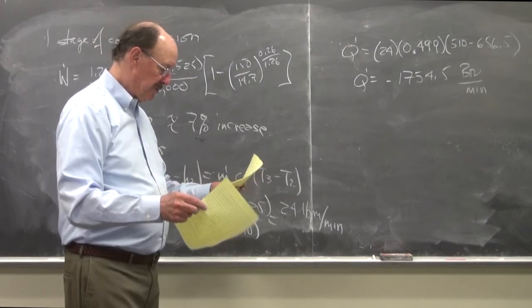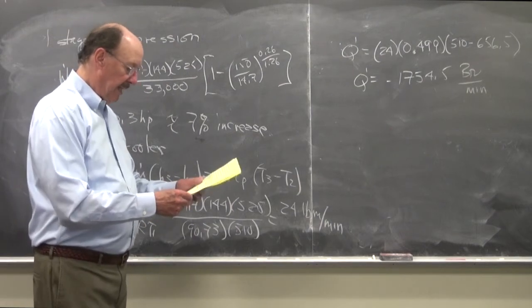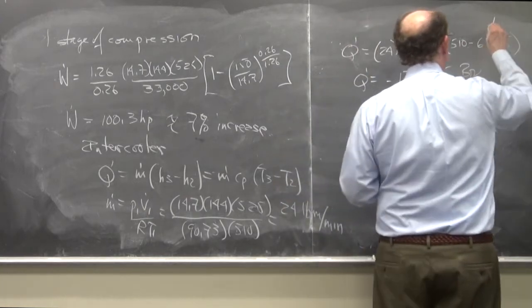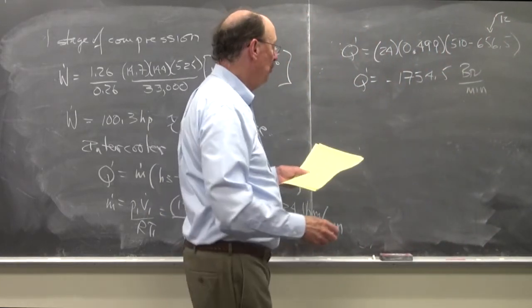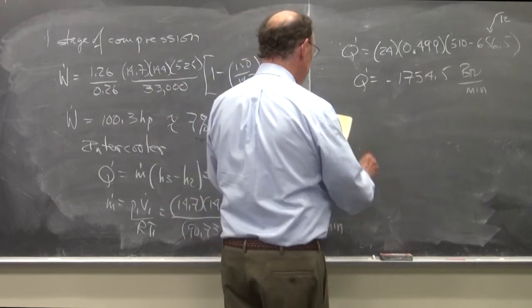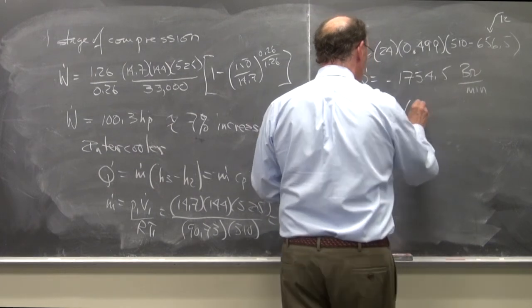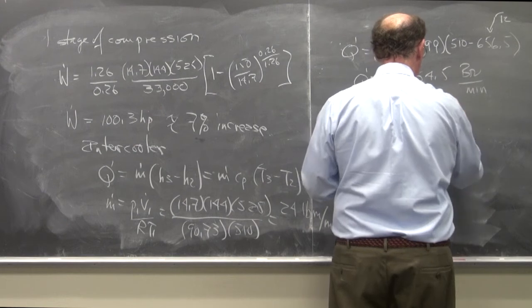I just wanted to check on something. And so this is T2. We can find T2, which I hopped over. T2 is equal to T1 times P2 over P1 to the n minus 1 over n.